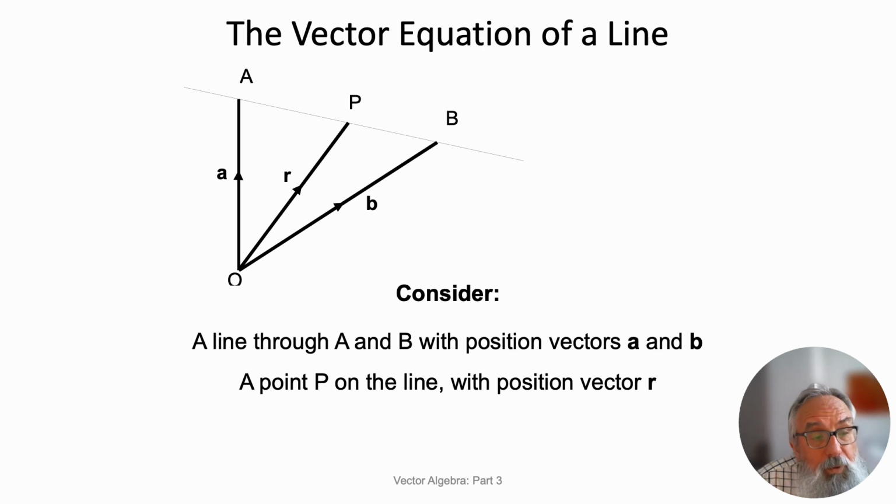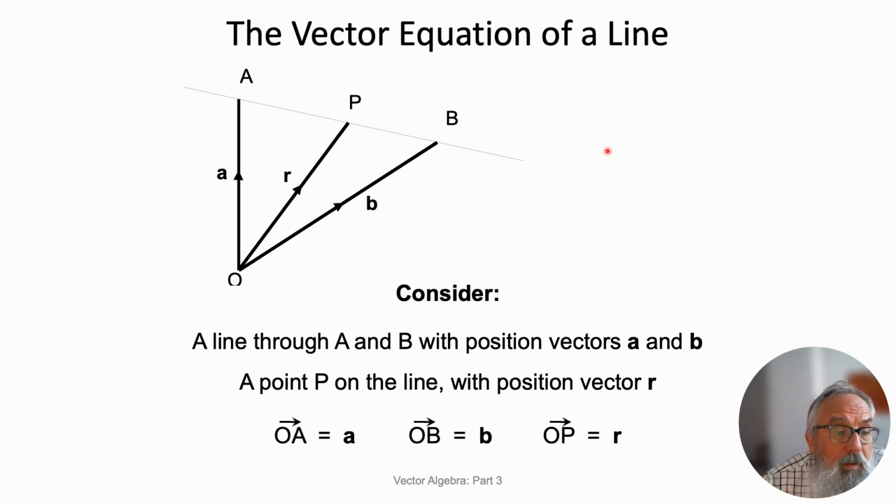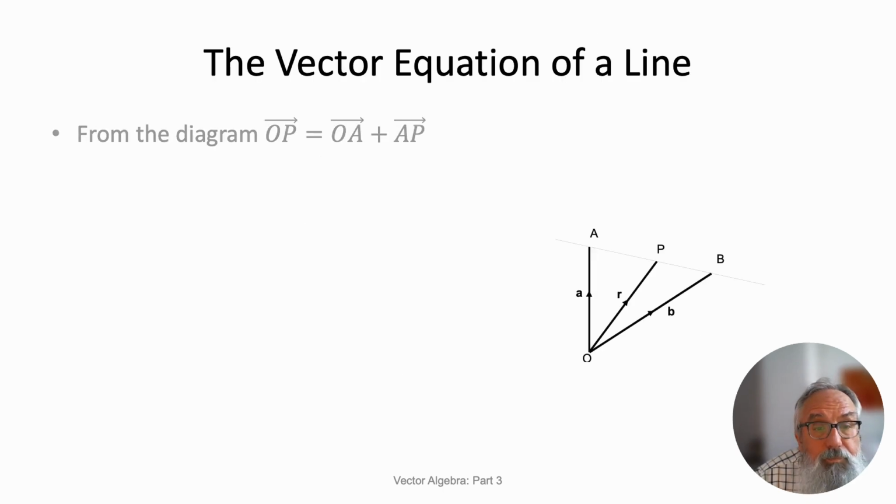A point on the line, P is a point on that line, so we've got two defined points A and B, and we've got some, let's say a third point that moves along, it's got vector R, it could be in any position. We define those 3 points as we have done previously, OA, OB, OP. From the diagram we know that OP equals OA plus AP. Right?